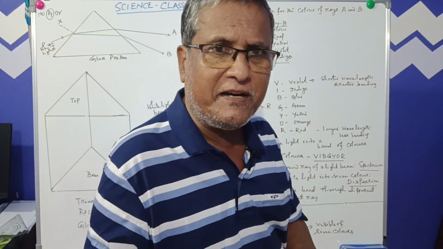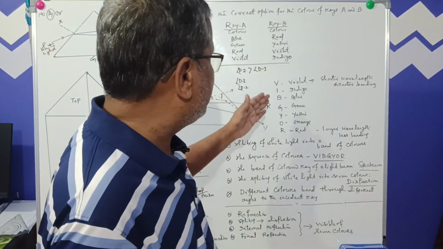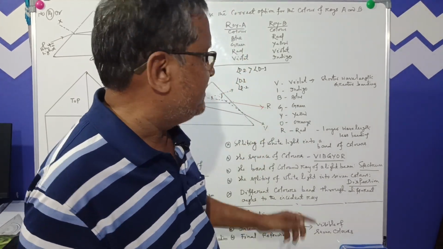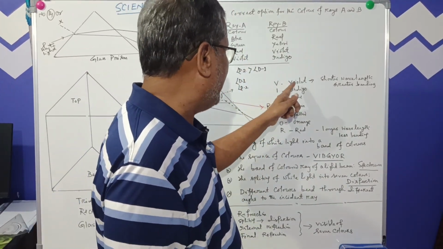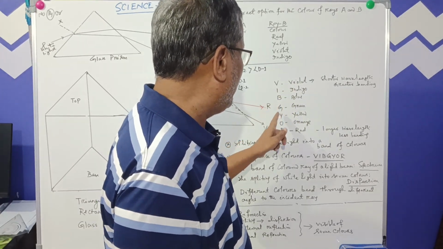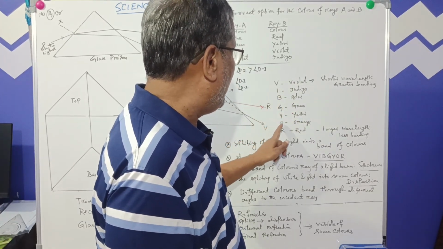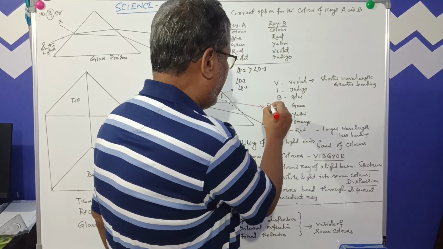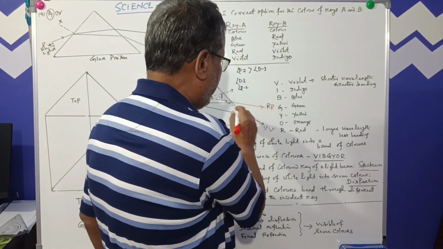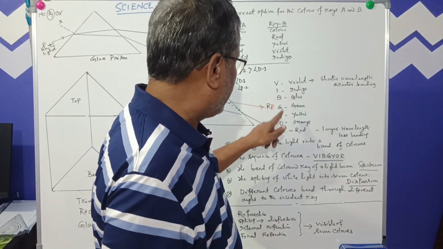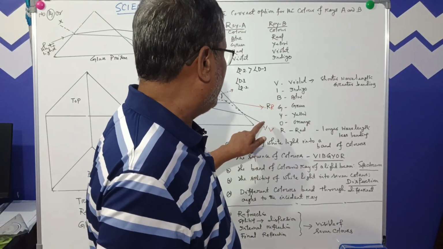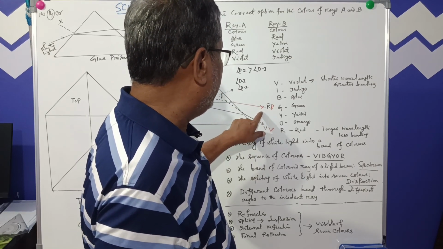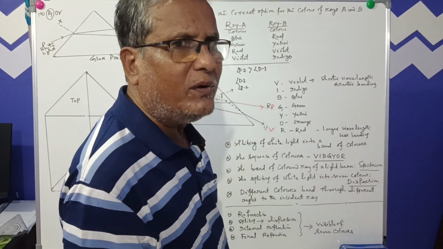And these emergent rays are visible as 7 colors. And these 7 colors we have mentioned here. That is VIBGYOR. V for violet, indigo, blue, green, yellow, orange, and red. Now you see this is violet and this is red, and between them the arrangement is like this. So here violet, then indigo, then blue, then green, then yellow, then orange, then red.